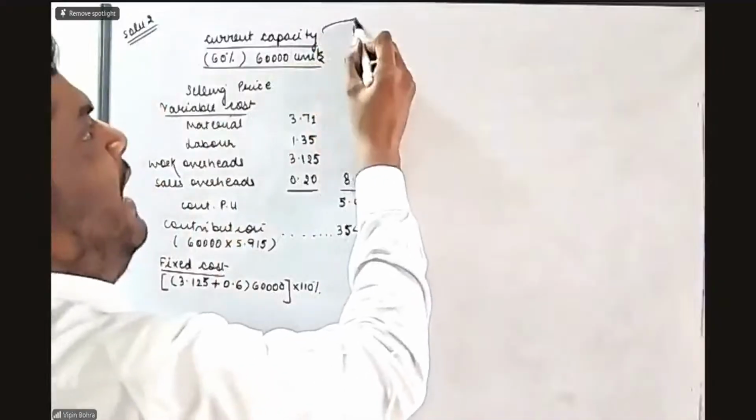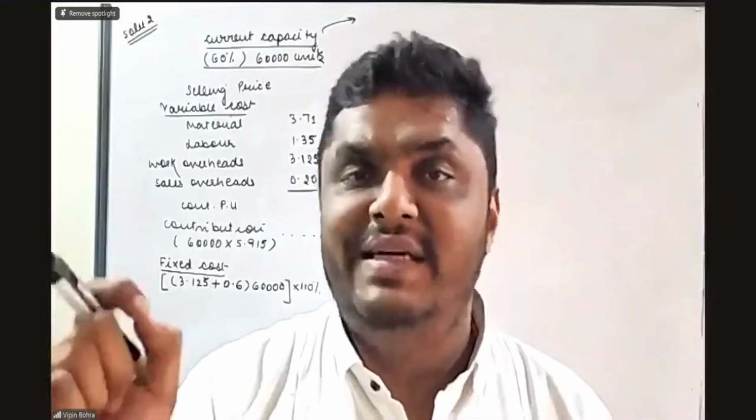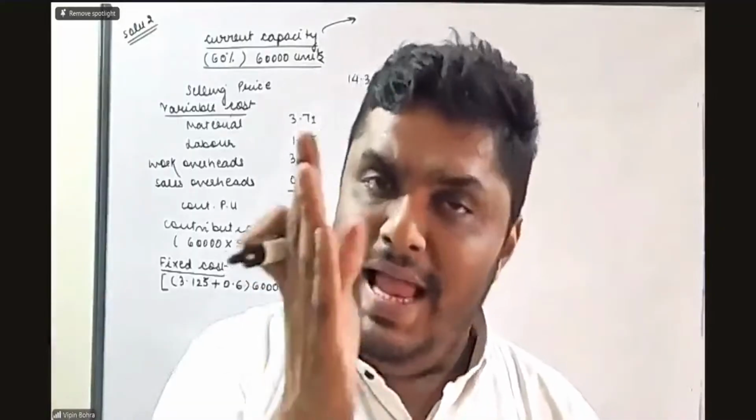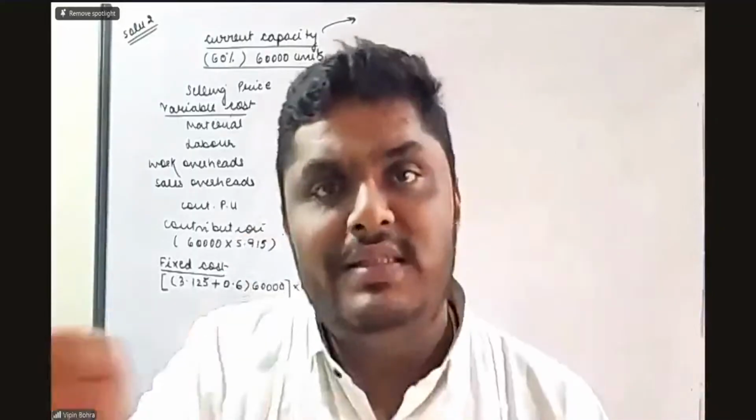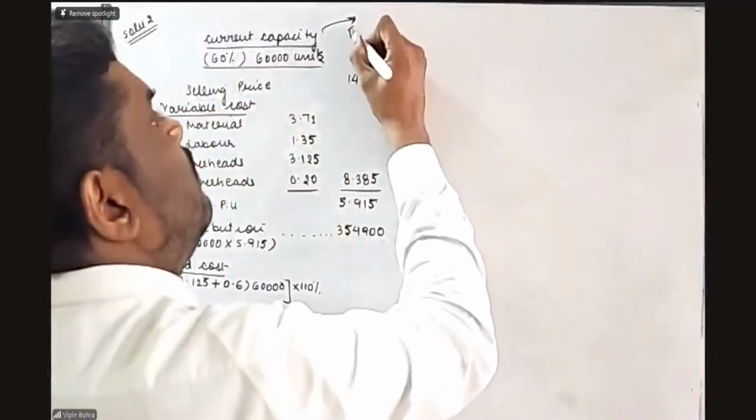Always remember, this part will be discussed in budgetary control also, that fixed cost is always calculated at normal capacity, that is the given capacity, and that fixed cost will remain the same at all levels of sales.